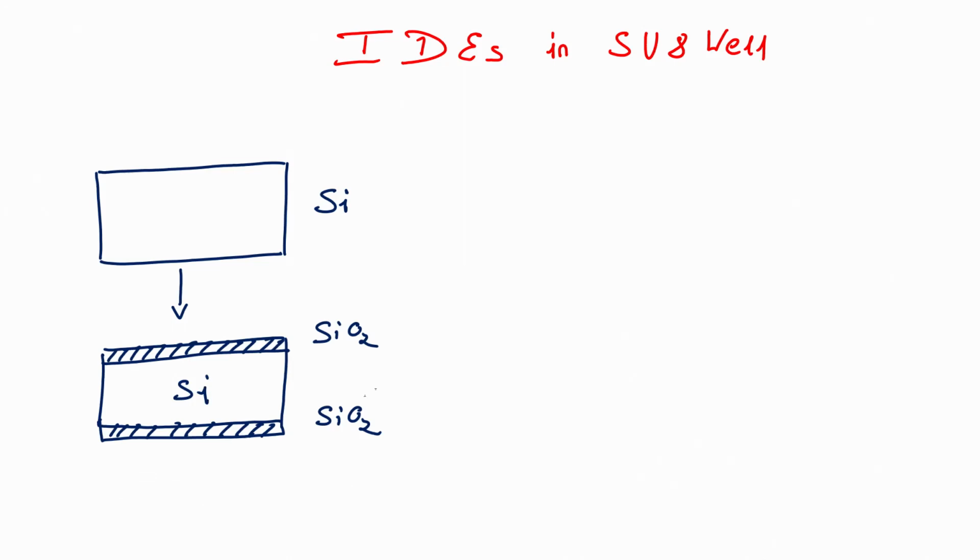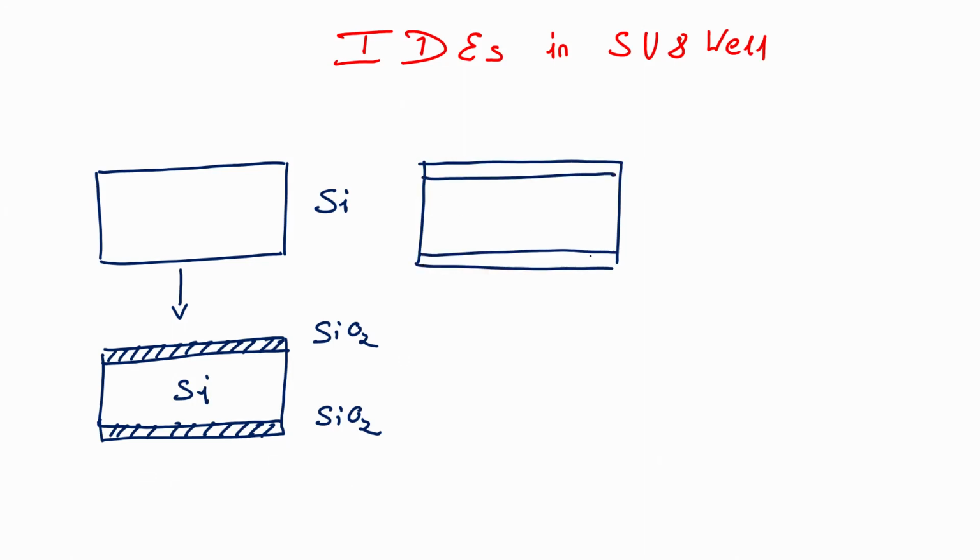Now, after this next step is we will spin coat the photoresist.